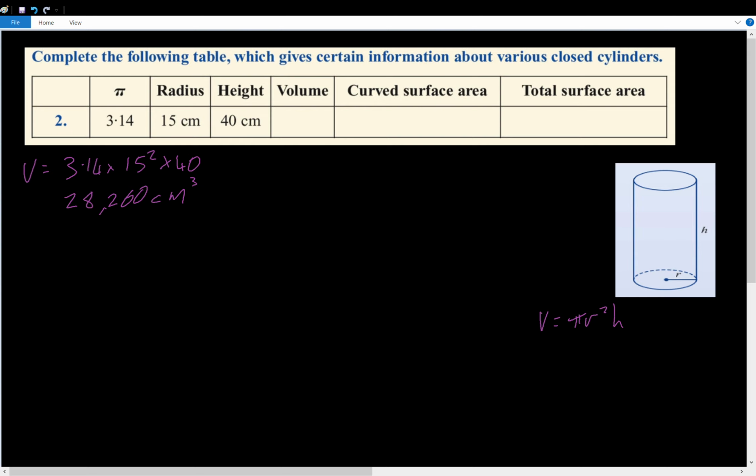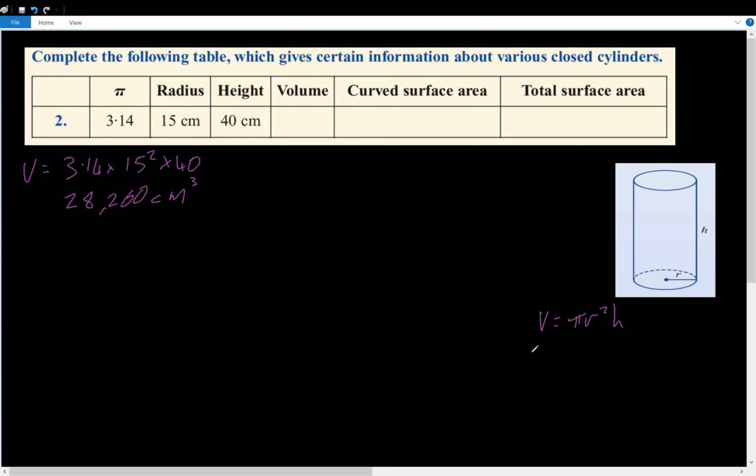Now curved surface area is a slightly different thing. The curved surface area is a measure of the two-dimensional area of the curved part around the outside of it. If you imagine a cylinder to be like a can, then the curved surface area would be the area that the label on the can covers.